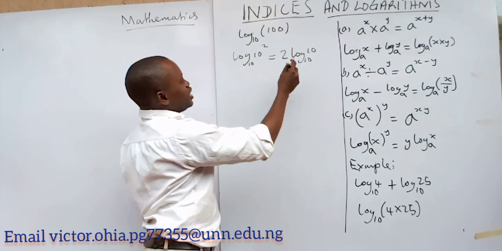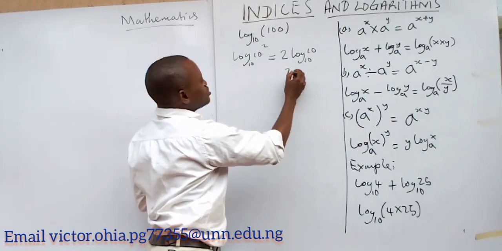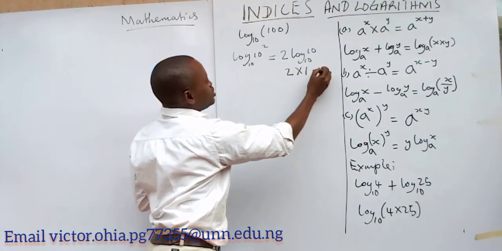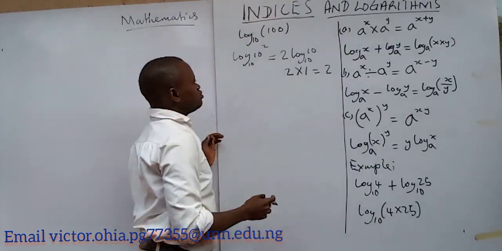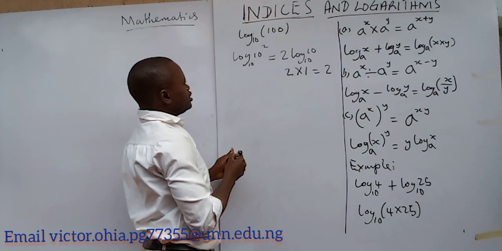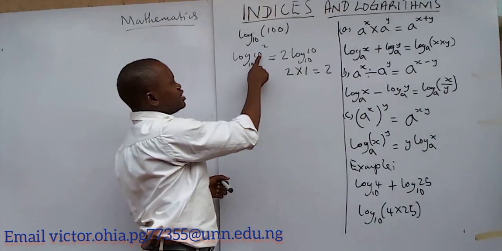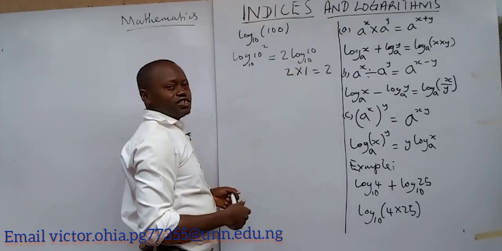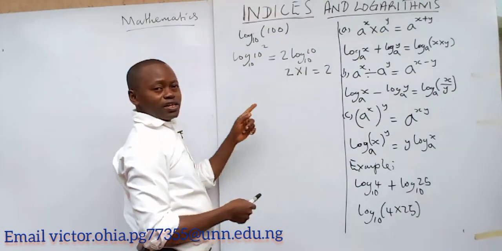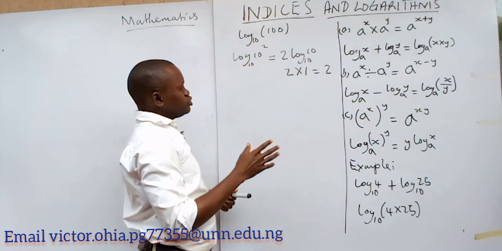This is going to become 2 times 1, which is equal to 2. You are able to see the multiplication of this that gave us this, and that this raised to this power became the product of the power and the logarithm of the number. I'm sure you were able to see that.